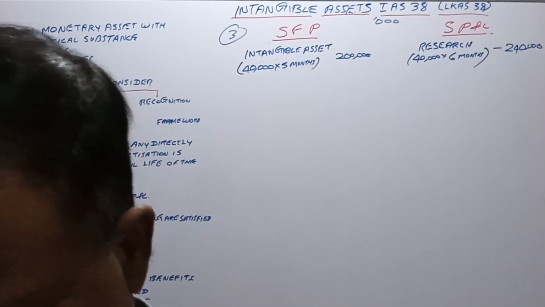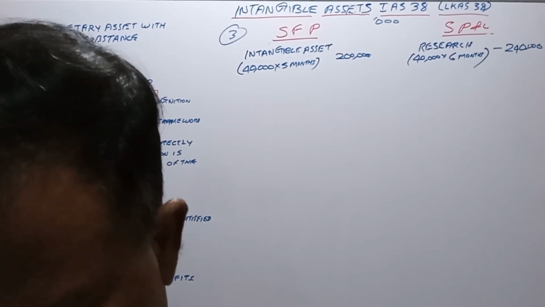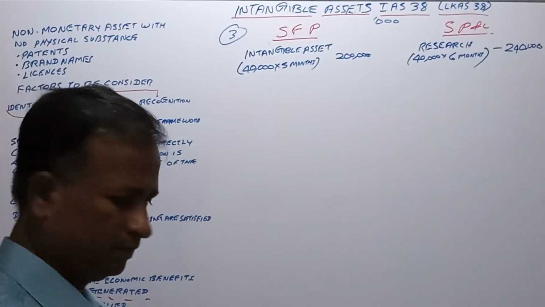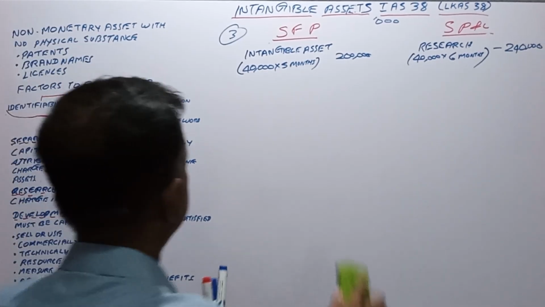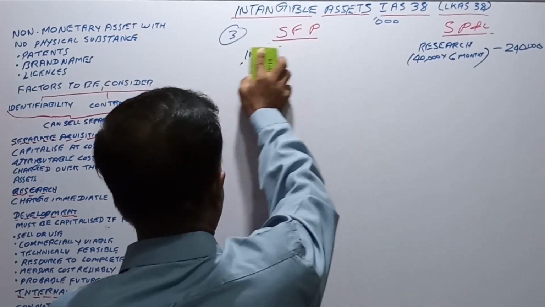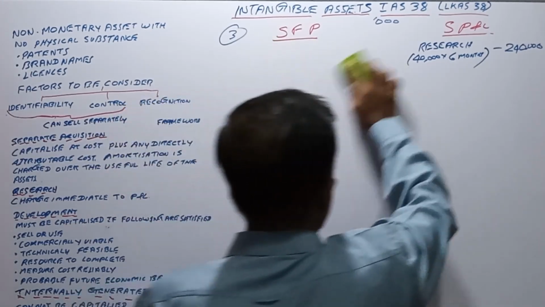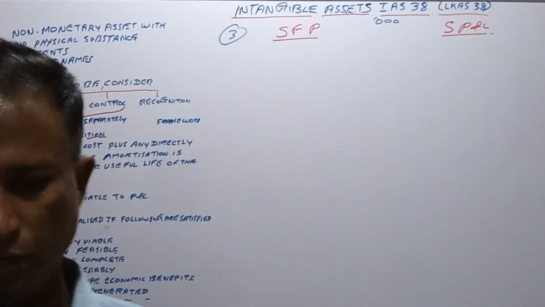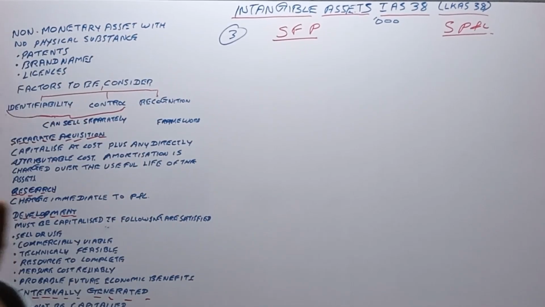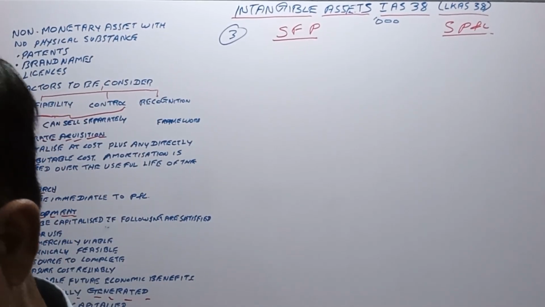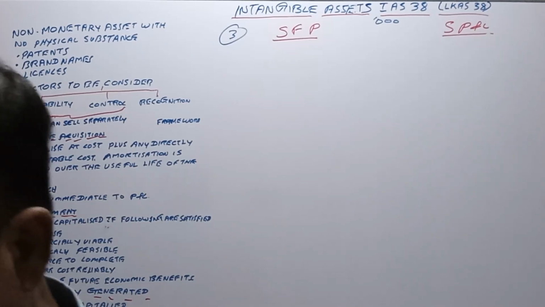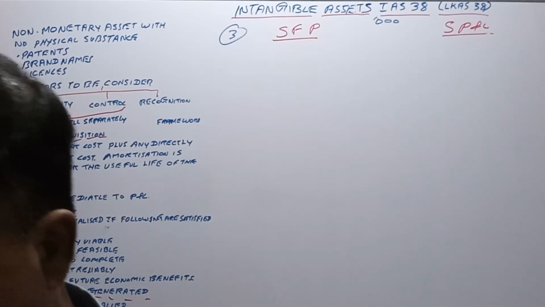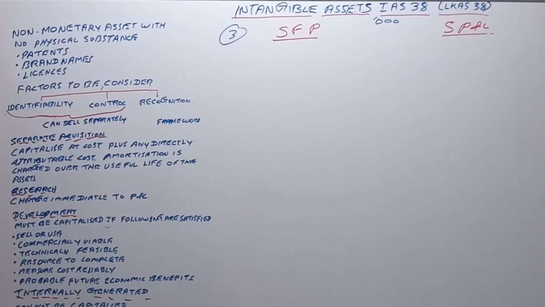Okay, question number 4. Beta bought a new brand name on 1st July 2010, right, for $20 million.